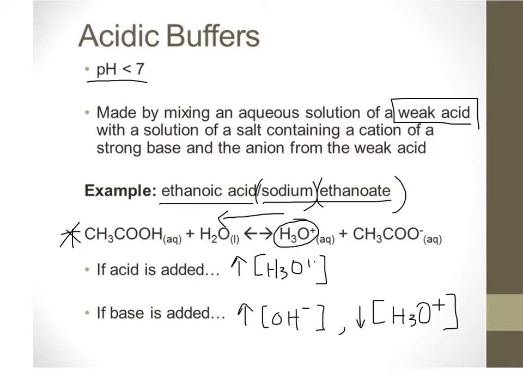In this case, to replenish the H3O+ that's being decreased, the equilibrium is going to shift to the right in order to restore the H3O+ concentration and therefore resist a change in pH.